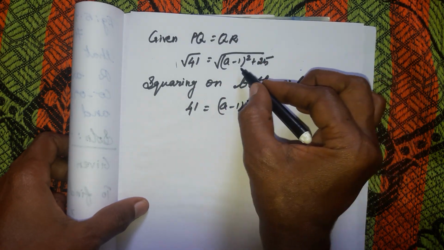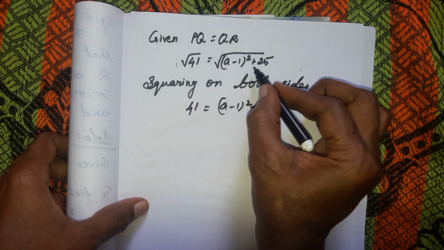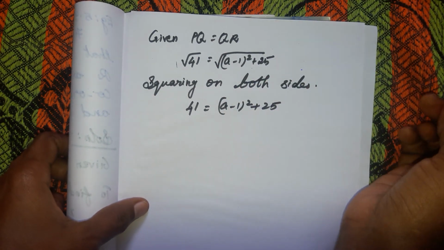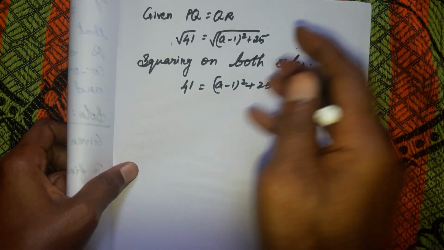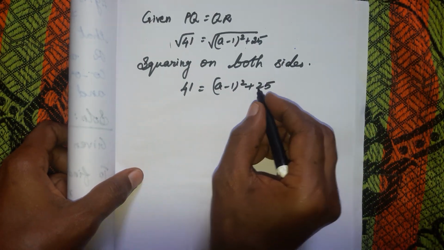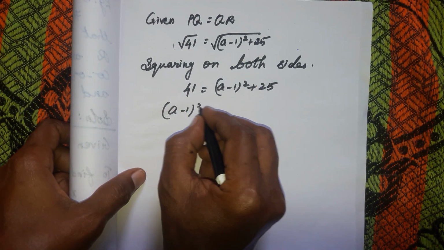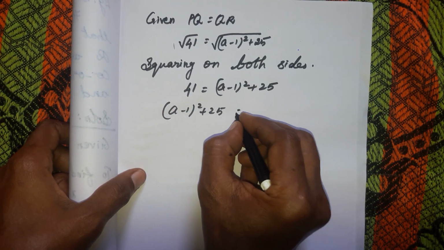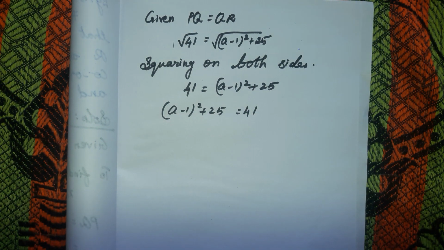Root of (a minus 1) the whole square plus 25, the whole square, means (a minus 1) the whole square plus 25. Clear? Any doubt? Next, interchanging left hand side and right hand side, (a minus 1) the whole square plus 25 is equal to 41.